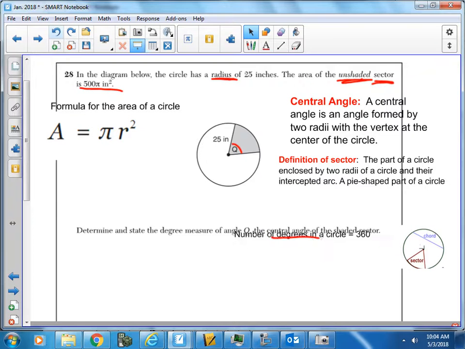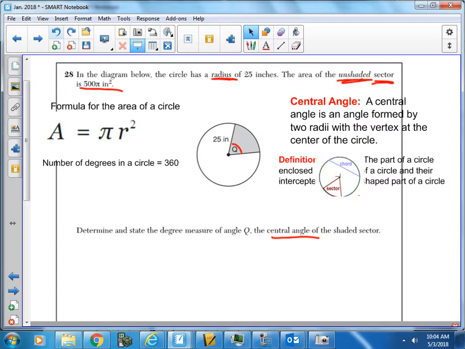And the number of degrees in a circle is 360. So all these things are going to come into play. Here's just a little picture here. So take a second, pause the video, and write those definitions, formulas, everything down. Okay?